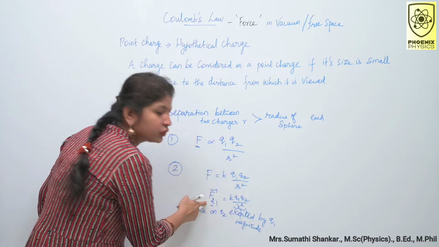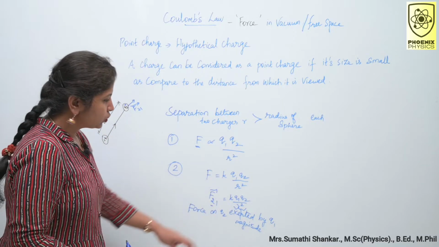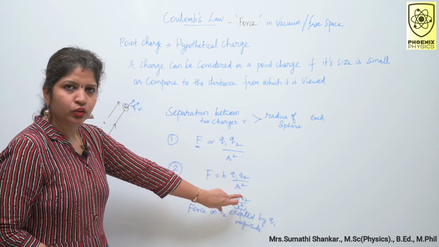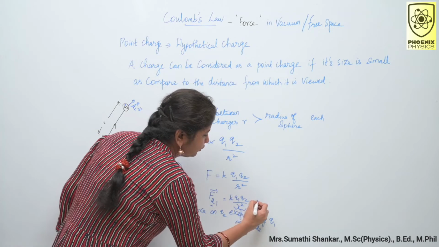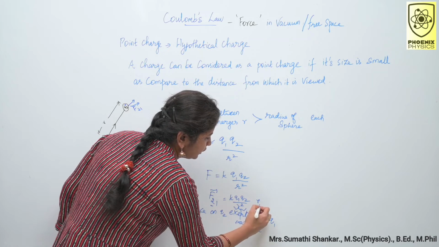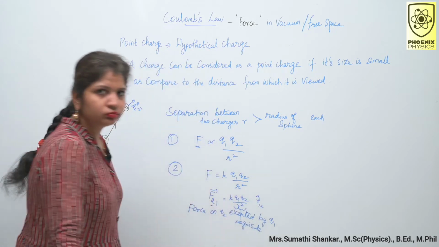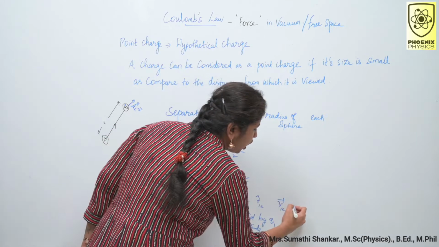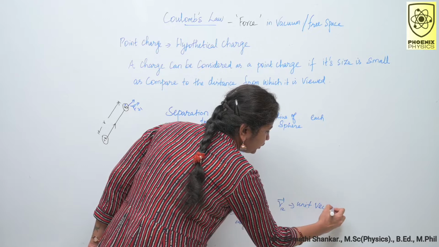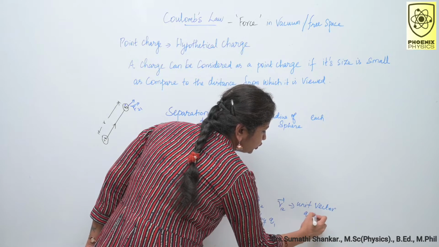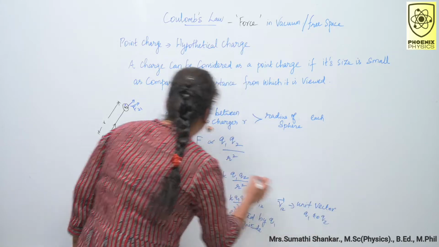You know that F is a vector quantity. So this term will give the magnitude. Then how do you find out the direction? Unit vector will give the direction, that is r12. What is this r12? r12 is the unit vector pointing from Q1 to Q2 like this.